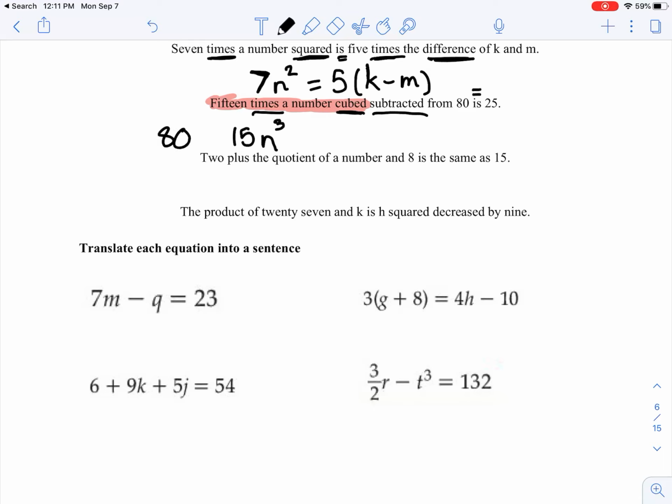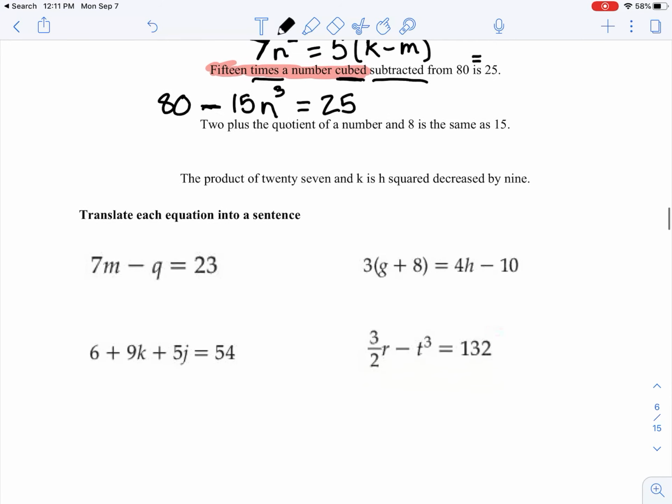The 80 is going to have to come first. So I'm putting the 80 over there and my subtraction symbol there. Now all of this stuff that I've got highlighted is getting subtracted from that 80. We're through there. We've got our equal sign now and our 25 at the end.